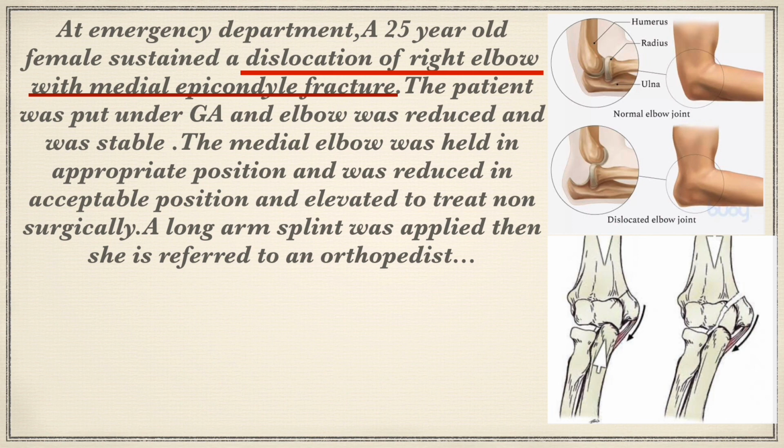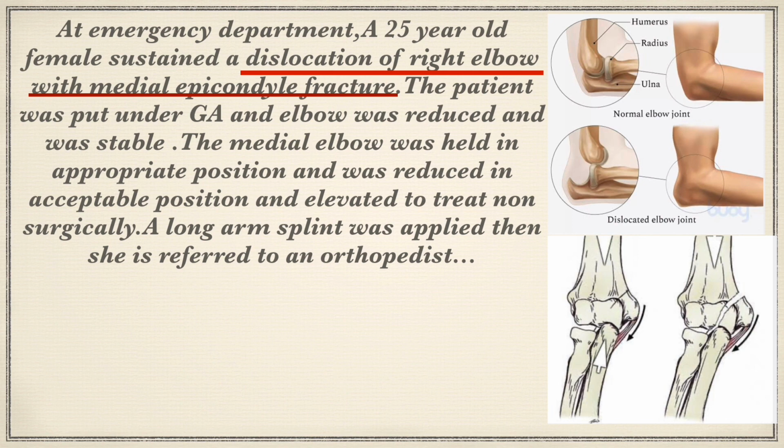Here, the patient has two problems. First one is the dislocated elbow joint. Second one is the medial epicondylar fracture. The emergency department physician reduced both these conditions and then referred the patient to an orthopedist.